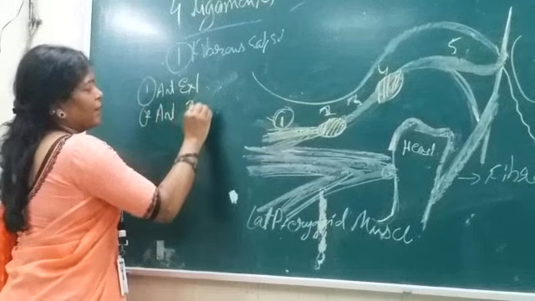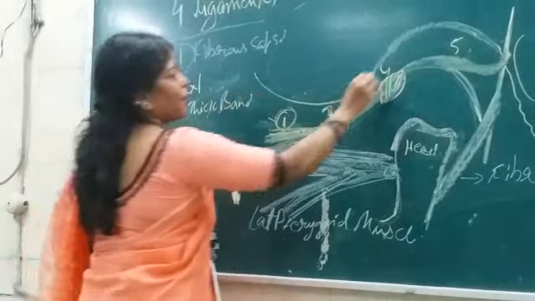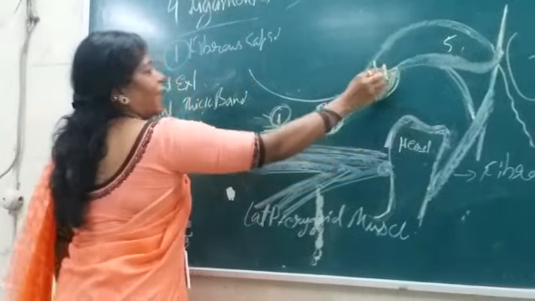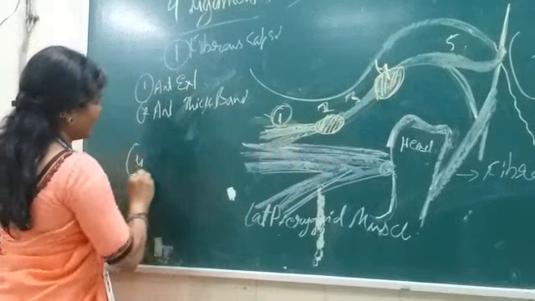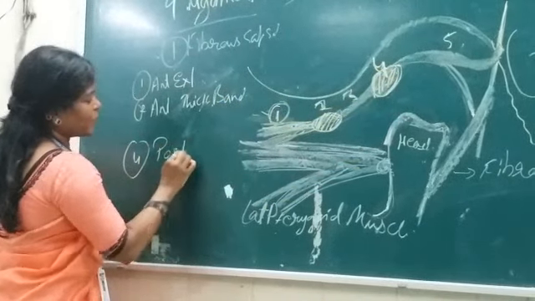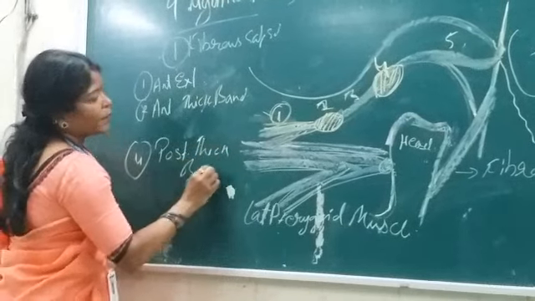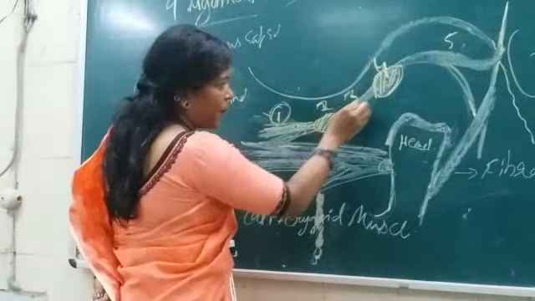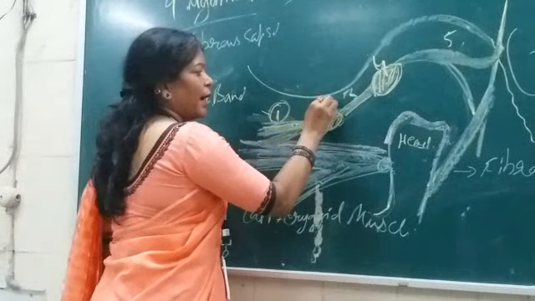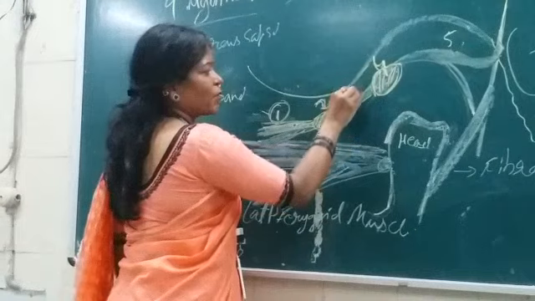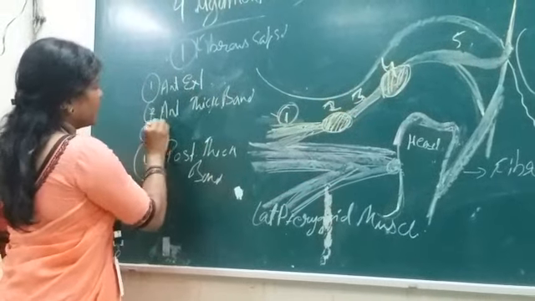Fourth, again this thick zone, is the posterior thick band. The part in between the anterior thick band and the posterior thick band is known as the intermediate zone.